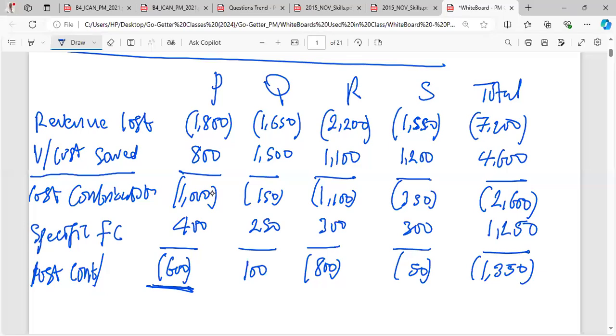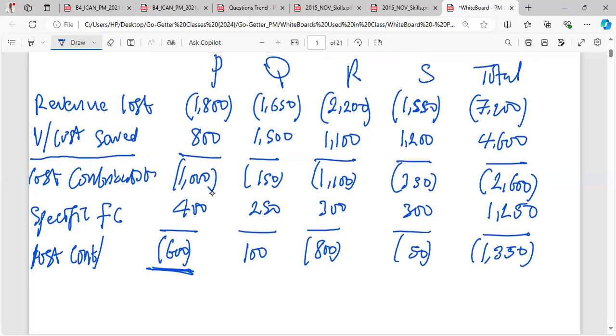Here, if you shut down Q, you don't lose anything. Instead, you gain 100,000 by shutting down Q. If you shut down R, you lose 800. And if you shut down S, you lose 50.